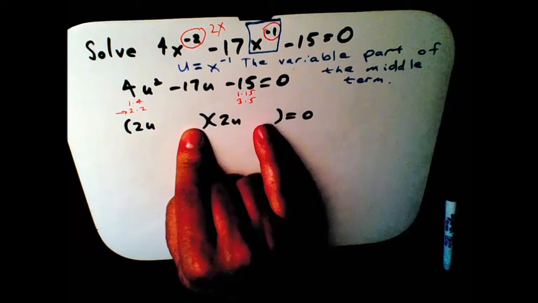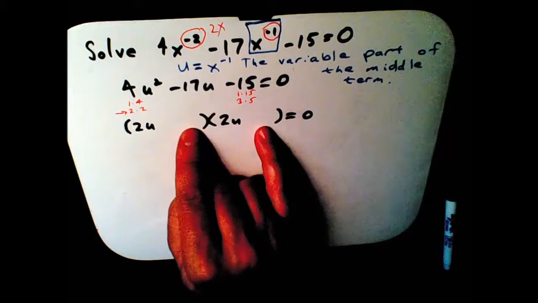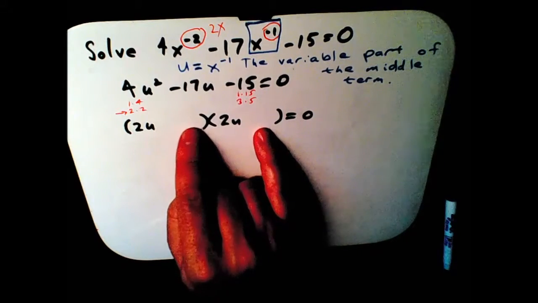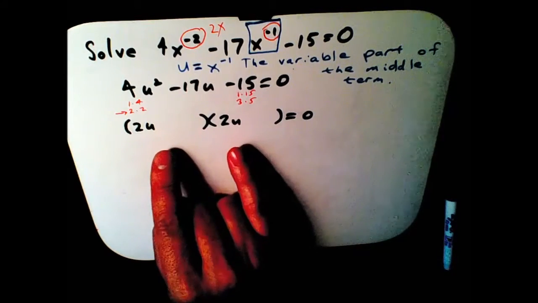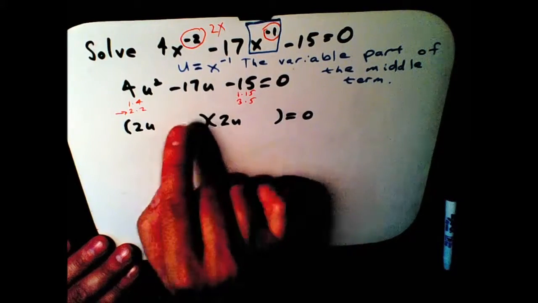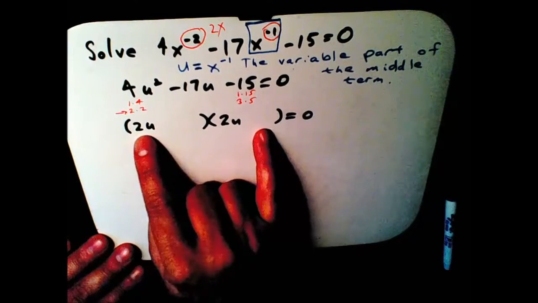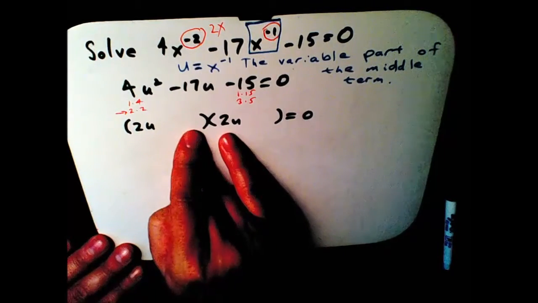If we go negative 1, positive 15, then the outsides and the insides of the FOIL, that's what gives us the middle term, are going to be 30u and minus 2u, that's a positive 28u, so that's not it.